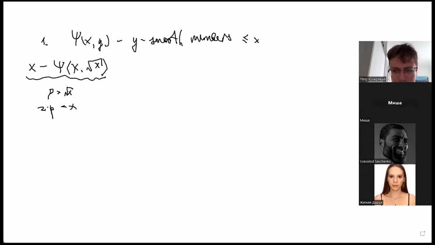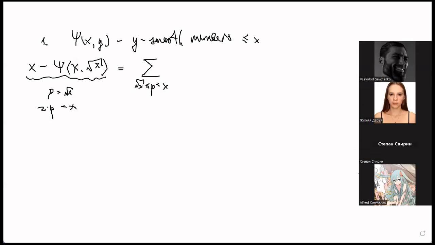Понятно. You mean that there's no more than one prime factor? Prime, yes, prime divisor. Yeah, I agree. So we should, for each prime which is between square root of x and x, for each prime, how many numbers are divisible by this prime which are less than x?